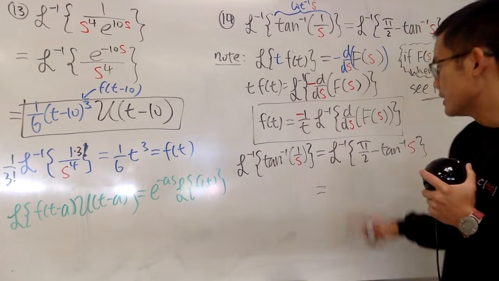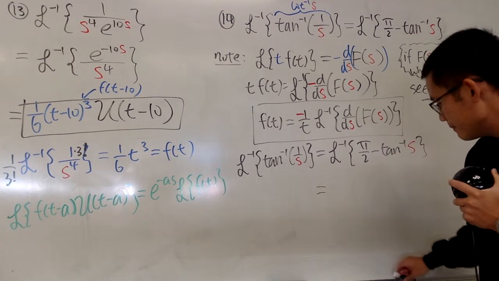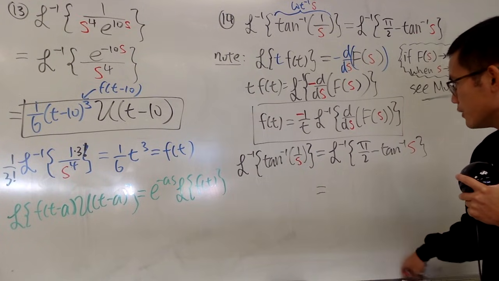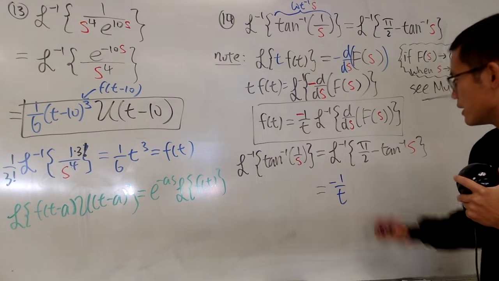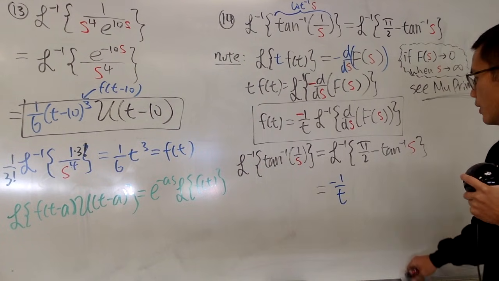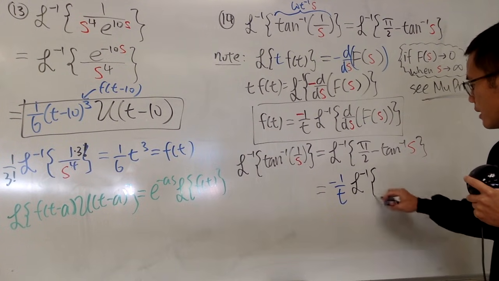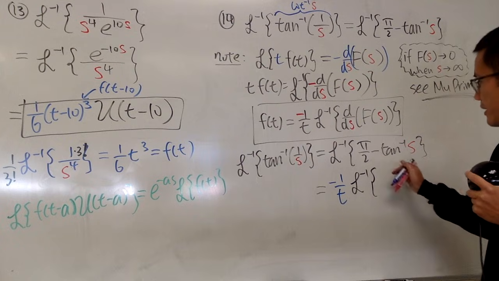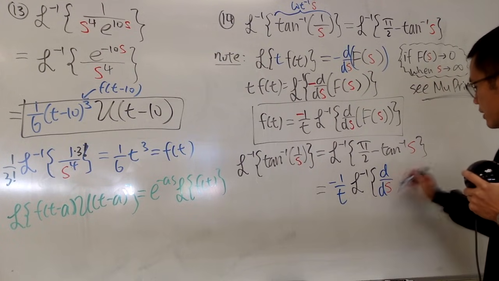So this is the following, right? This right here, what we'll do is multiply by negative 1 over t. So we have the negative 1 over t first, and then we still have the inverse Laplace here. But inside here, I'm going to differentiate it in the s world.